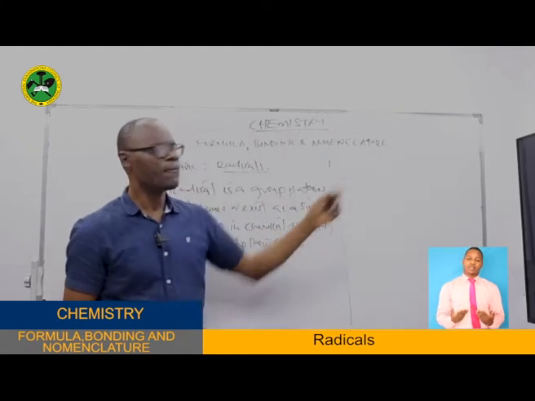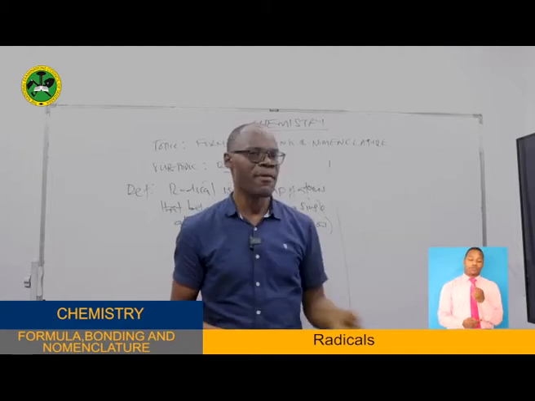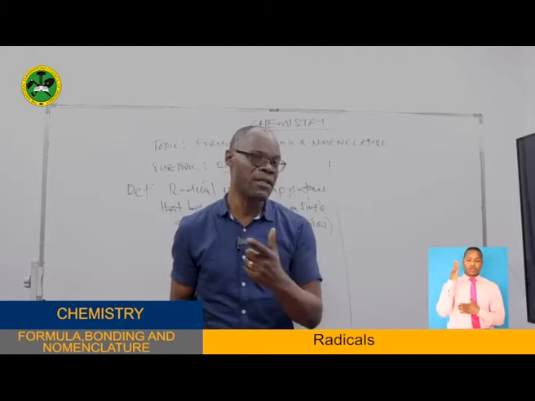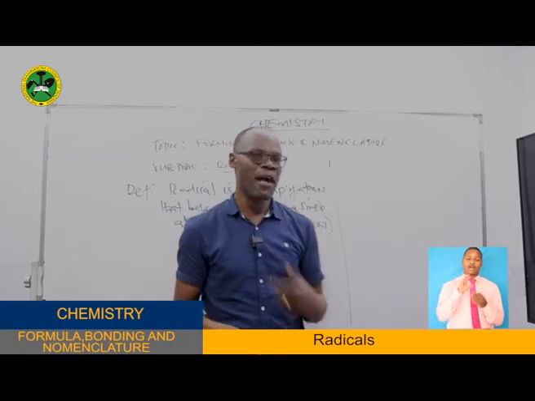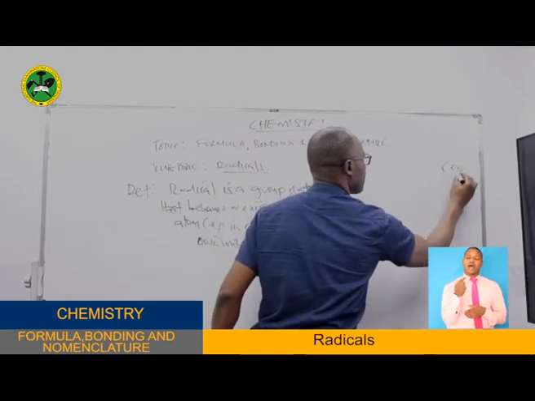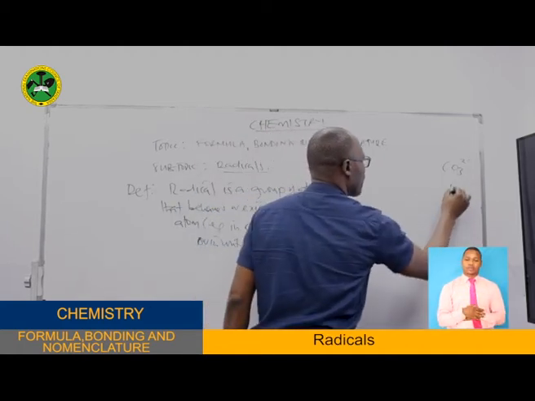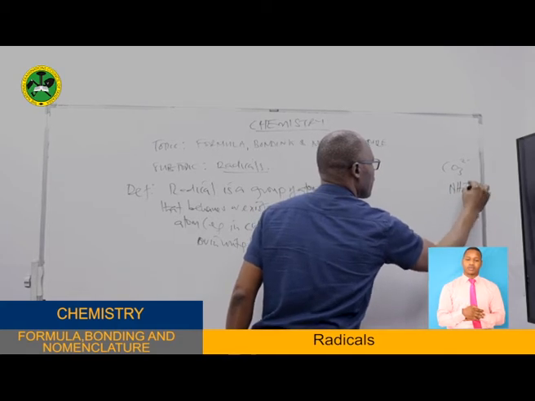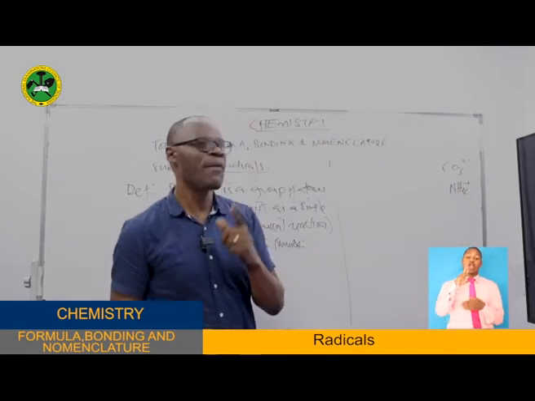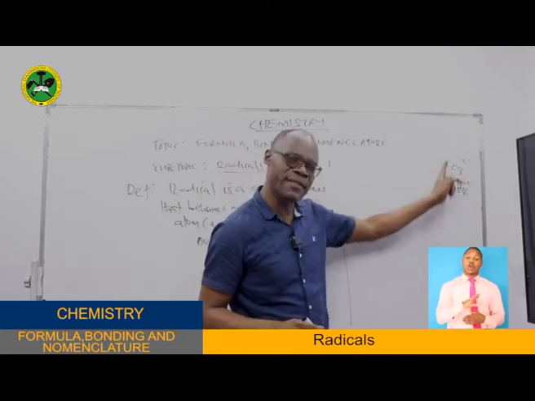Now, from the examples that I listed above, I listed an example of a carbonate and also an example of ammonium ion. So if we look at a carbonate and also ammonium ion, then we realize something about radicals, that all radicals are charged.